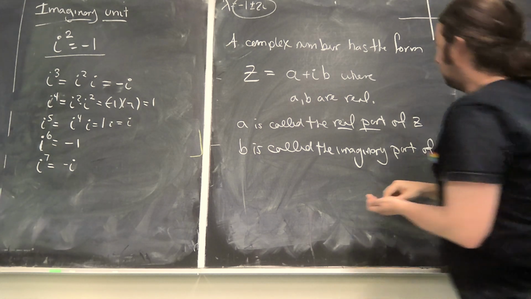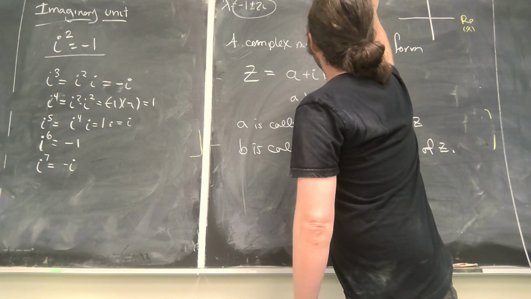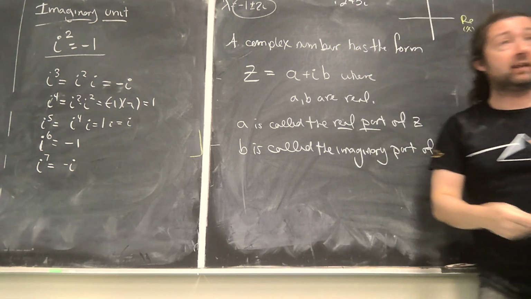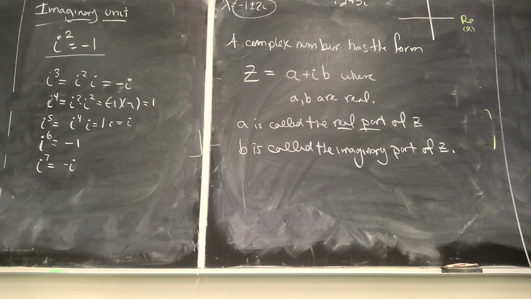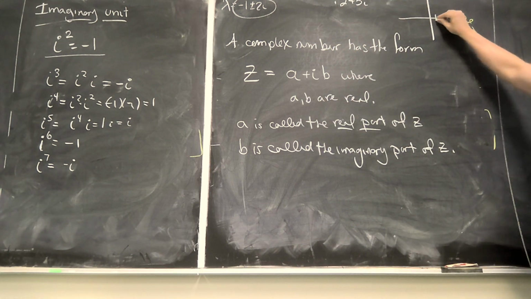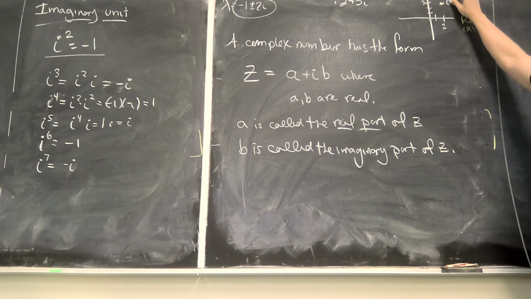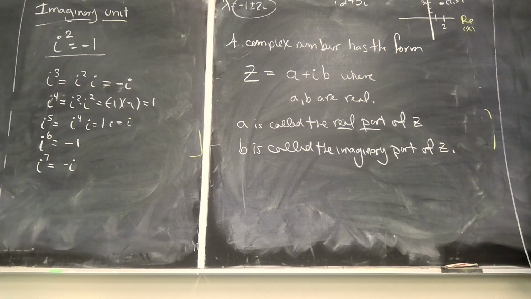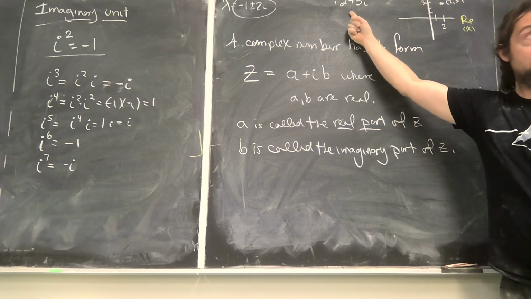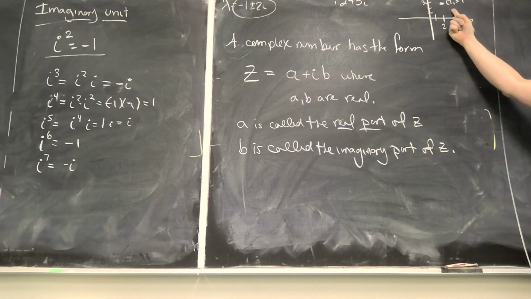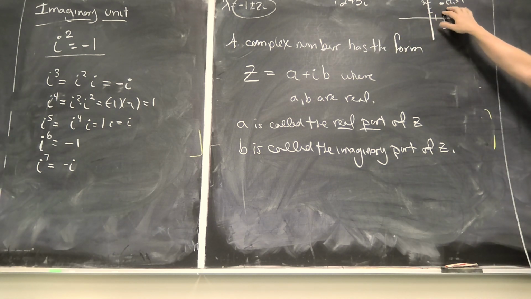So if I wrote down the number 2 plus 3i and I wanted to plot that on a two-dimensional graph, I would go 2 units in the real axis and 3 units on the imaginary axis, and the number would be right here, the number (2, 3). So there's a connection between complex numbers and numbers that are points (x, y) in R2. This is the most natural way to think about complex numbers.